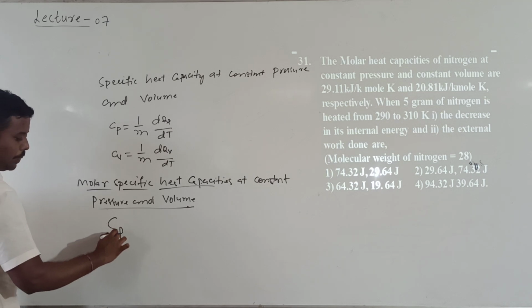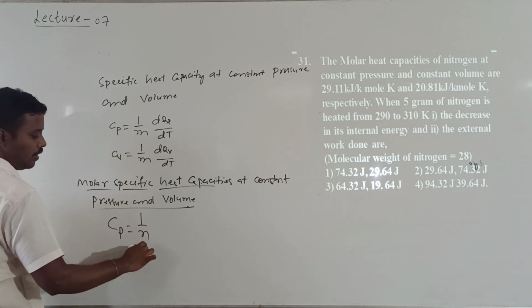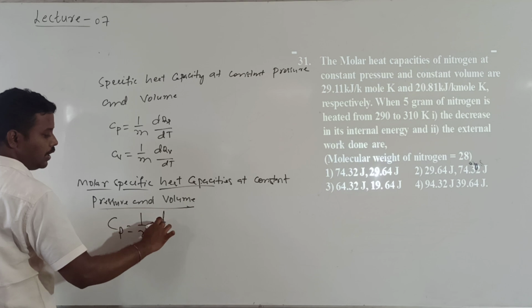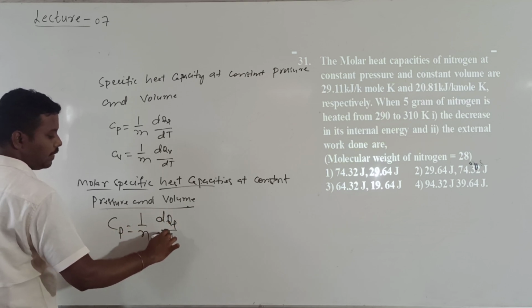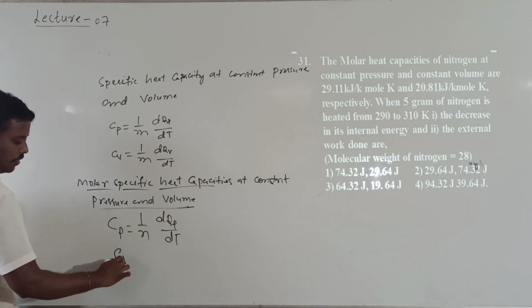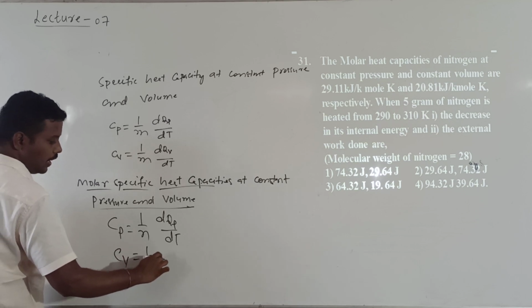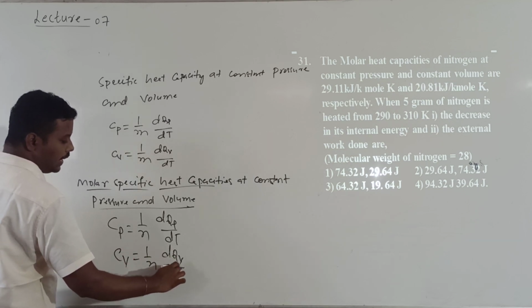Capital Cp is equal to 1 by n, where n is the number of moles, into dQp by dT. And capital Cv is equal to 1 by n into dQv by dT.